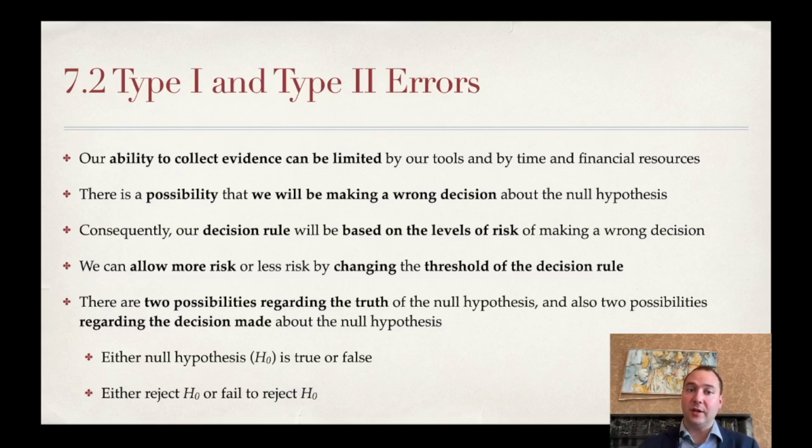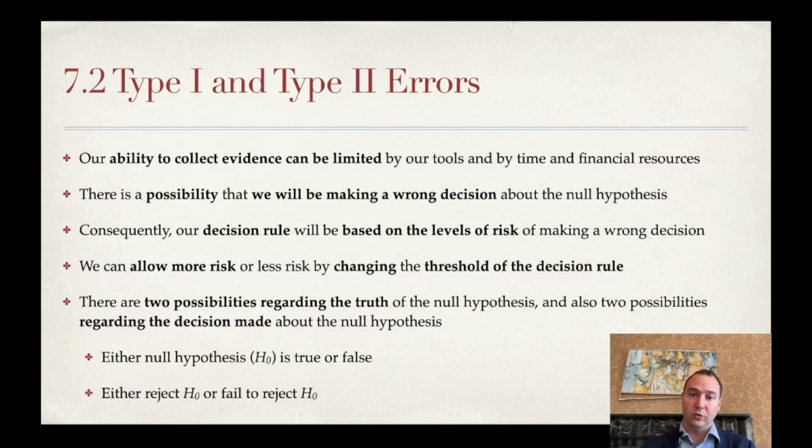Our ability to collect evidence can be limited by the tools, the time, how much money we have to collect evidence or data. So there's a possibility that we're making a wrong decision about the null hypothesis. We don't know the actual truth, we're testing the truth, so we might make a mistake.